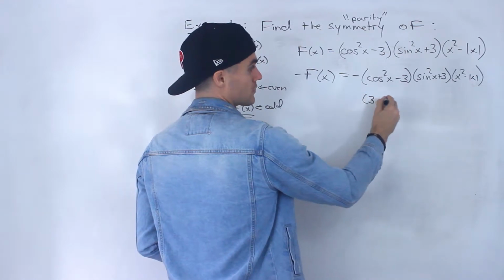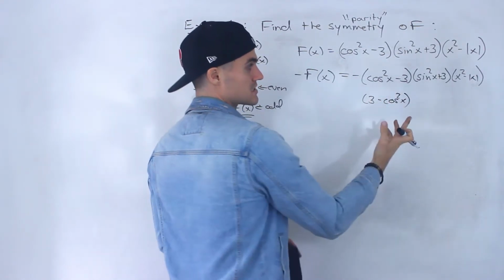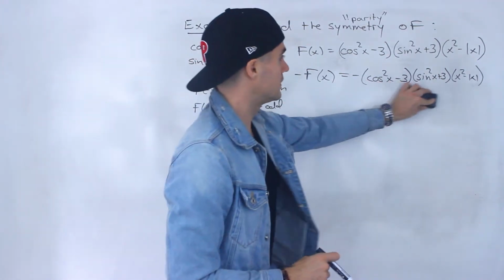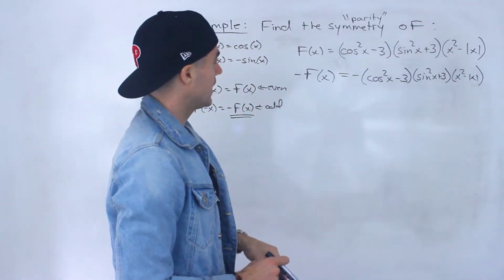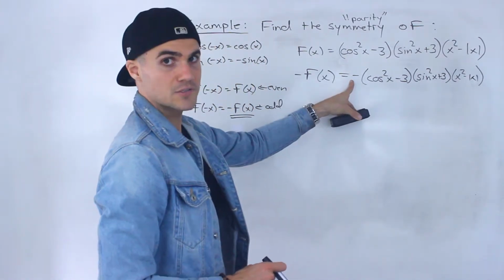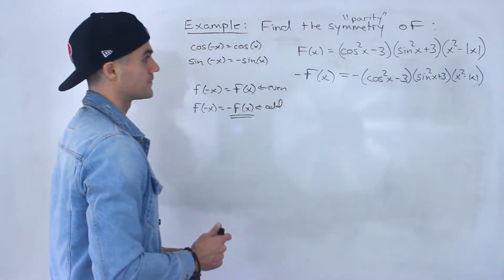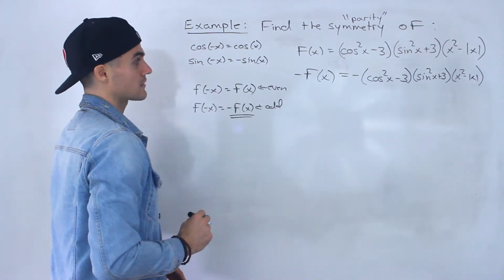So this would change to 3 minus cos squared x. Or you could take this negative and distribute it to this bracket. You got to pick a bracket for it to distribute to. Can't distribute it to all of them because all these brackets are multiplying. But for now, I'm going to just keep the negative on the outside. I feel like that's going to be easier to compare when we find an expression for f of negative x.